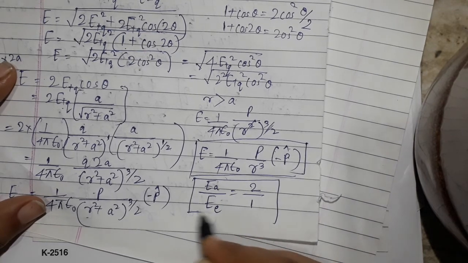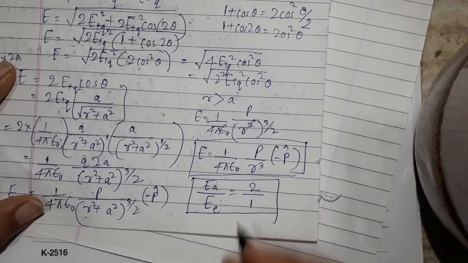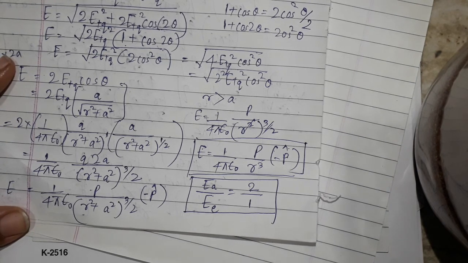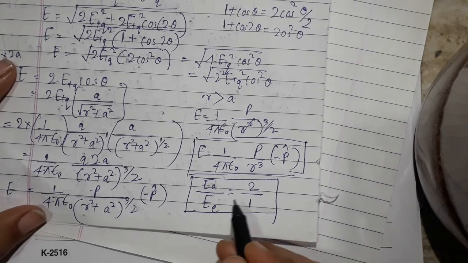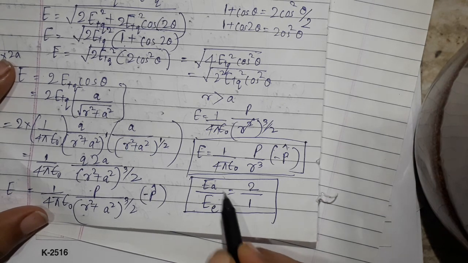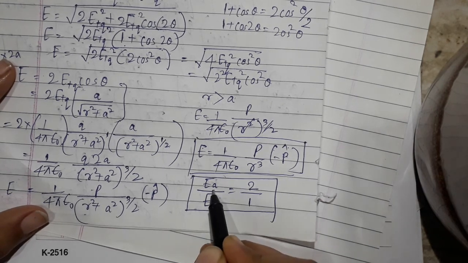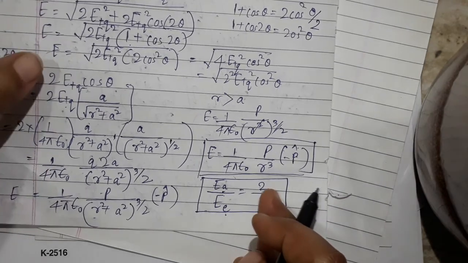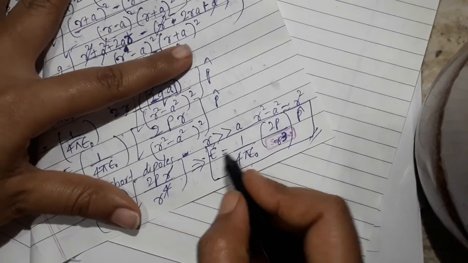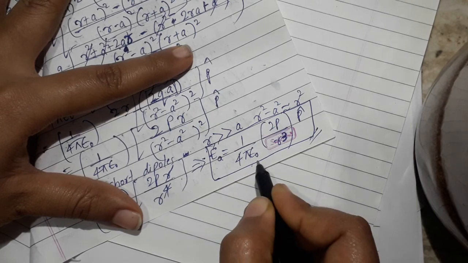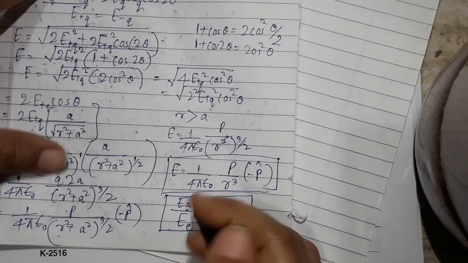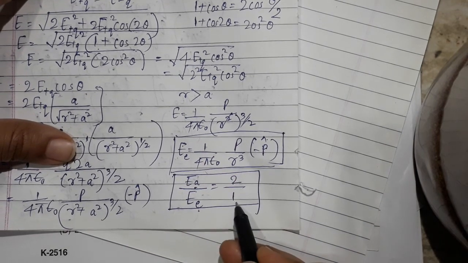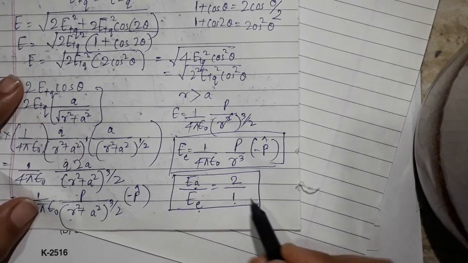This is very important, and it may arise as a CET question. If we divide the axial line electric field by the equatorial line electric field, we get a 2:1 ratio. So this formula is very important.